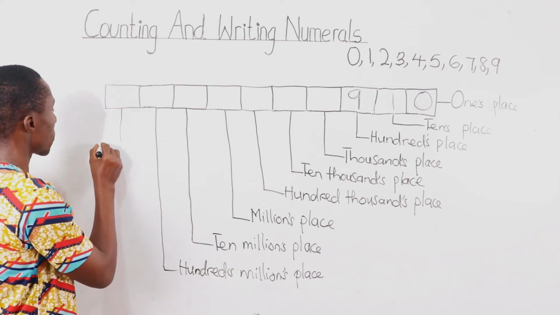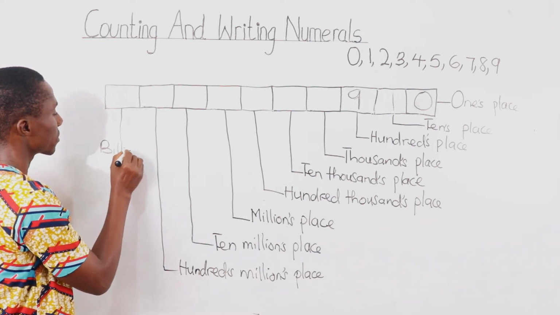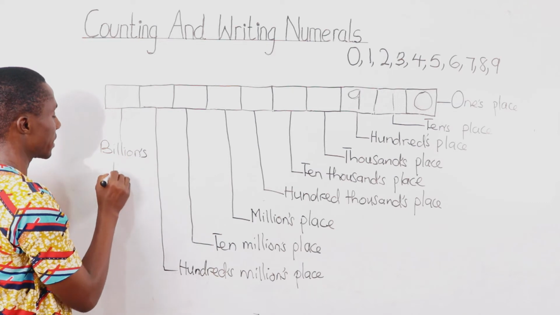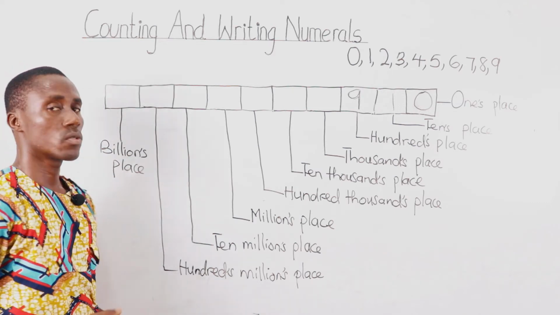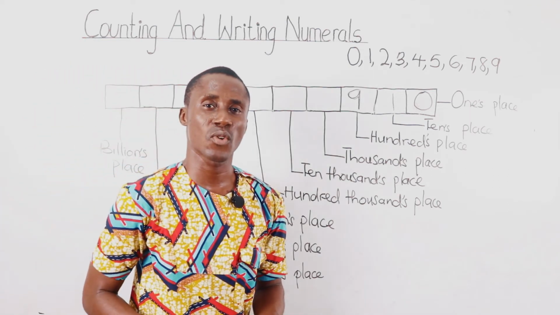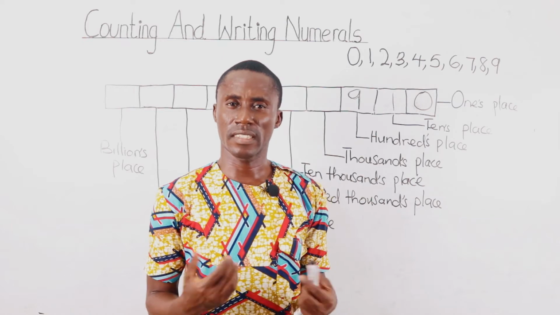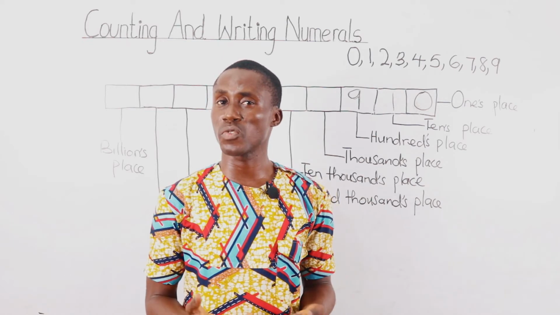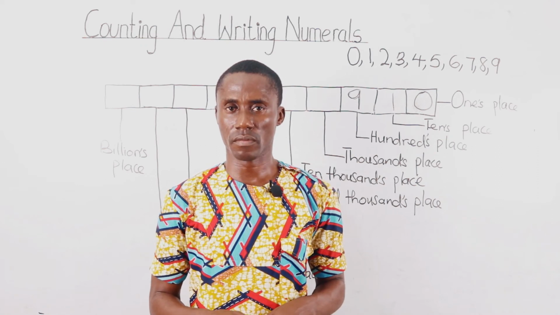So let's put that one here, the billions place. Now we know how to find the number places. Now we have gotten a very good understanding of what a number place is.